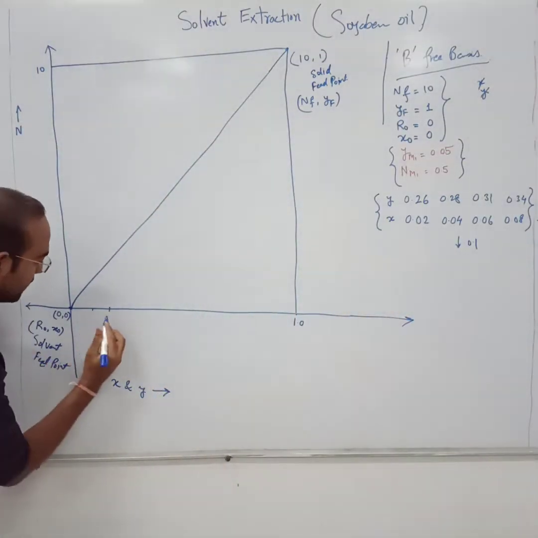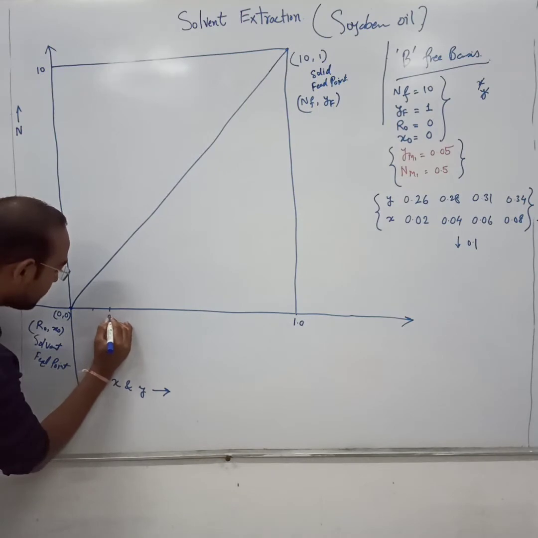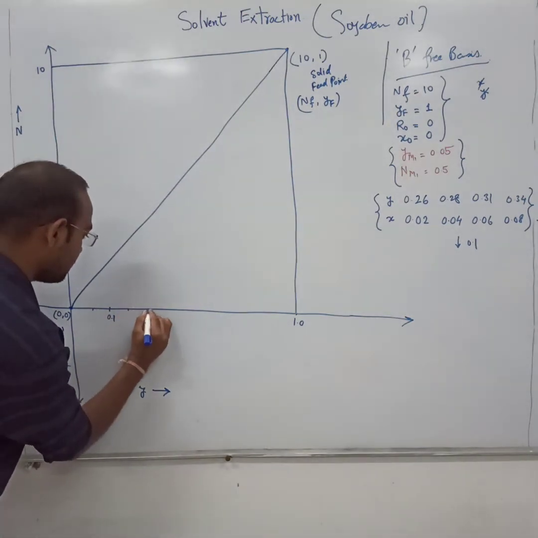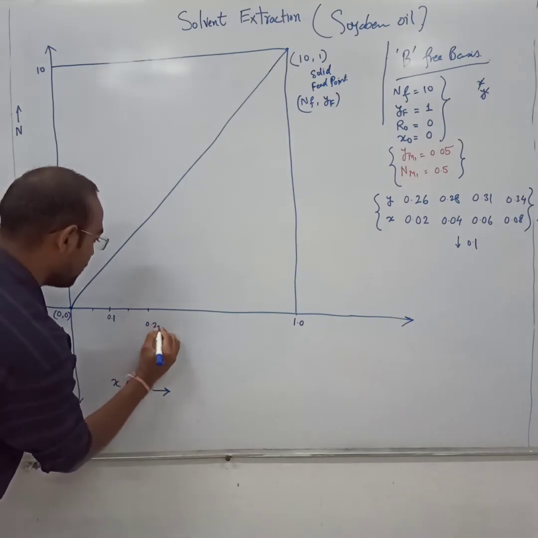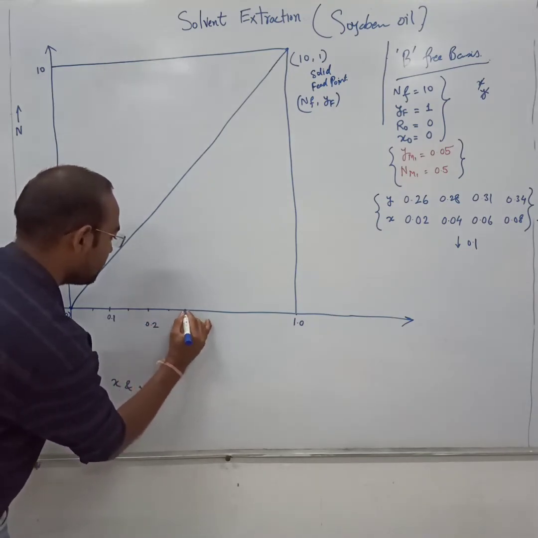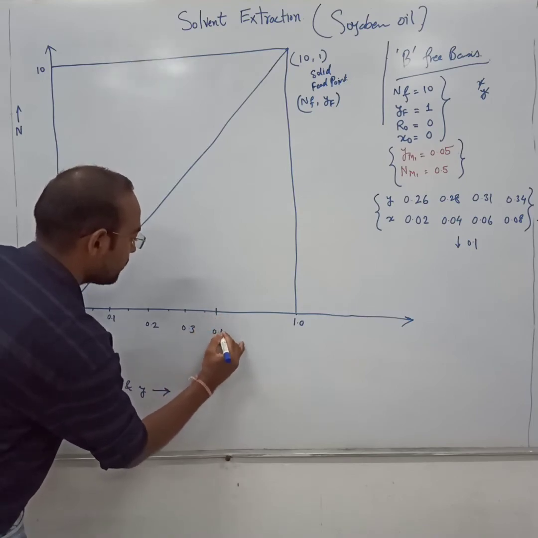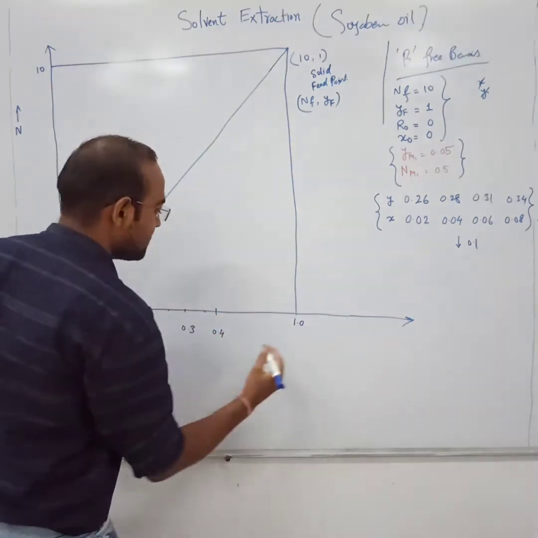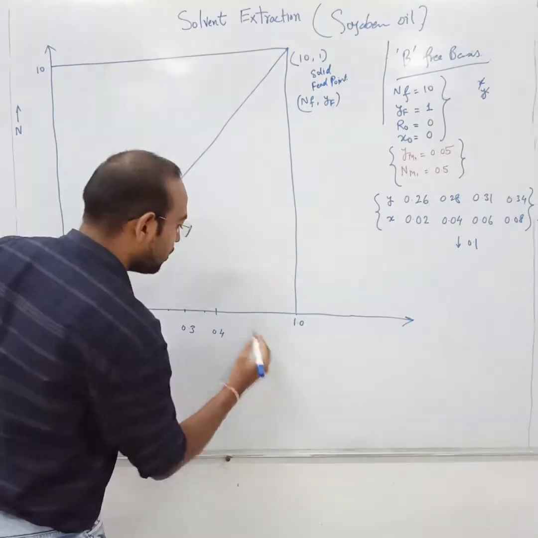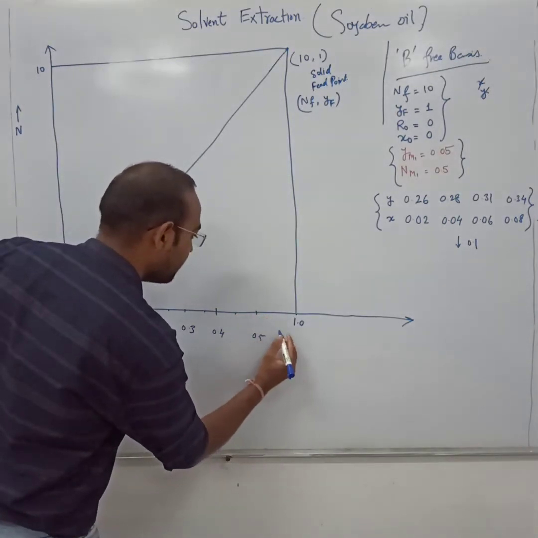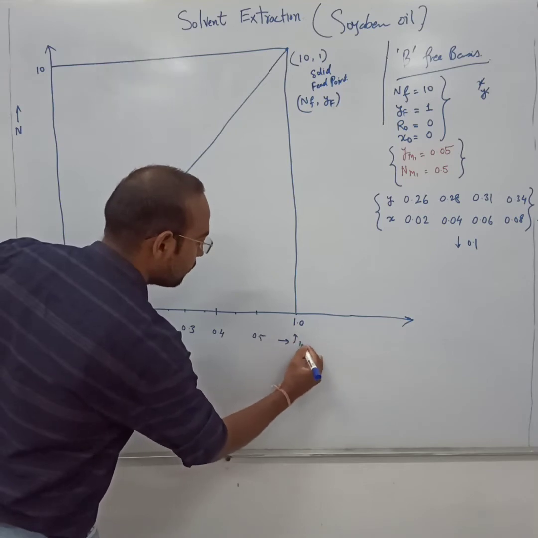So this is your 0.1, again 2 units, this is your 0.2, 0.3, 0.4. There is no need to go beyond 0.4, but we'll plot 0.5 and it goes up to 1.0.